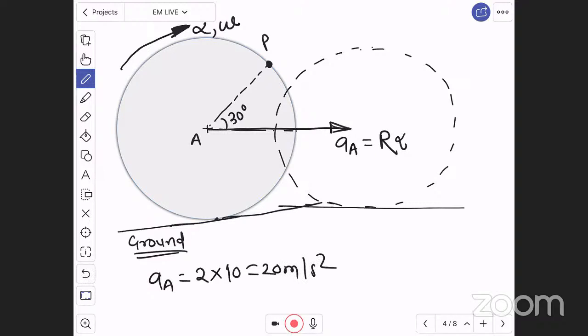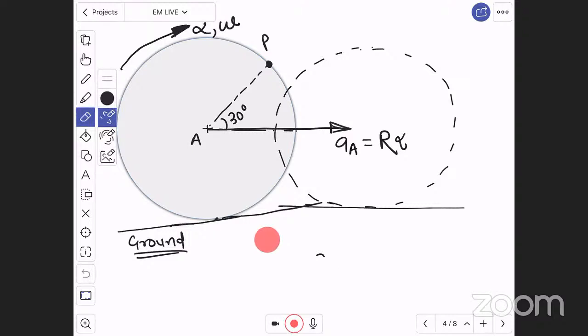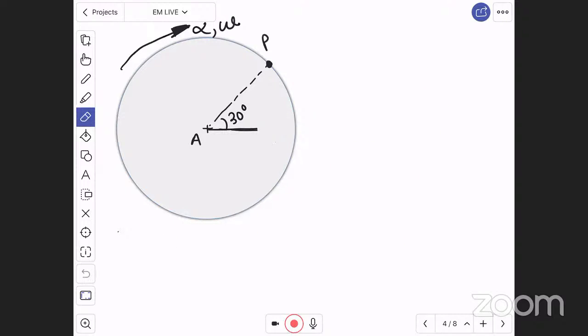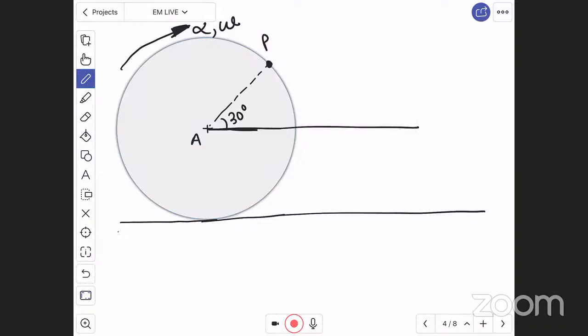Right. Now let us understand again. तो एक तो बात पता चली, A is moving towards right. Now here there is a ground. A is moving towards right, that we have understood with 20 meter per second square. Right.